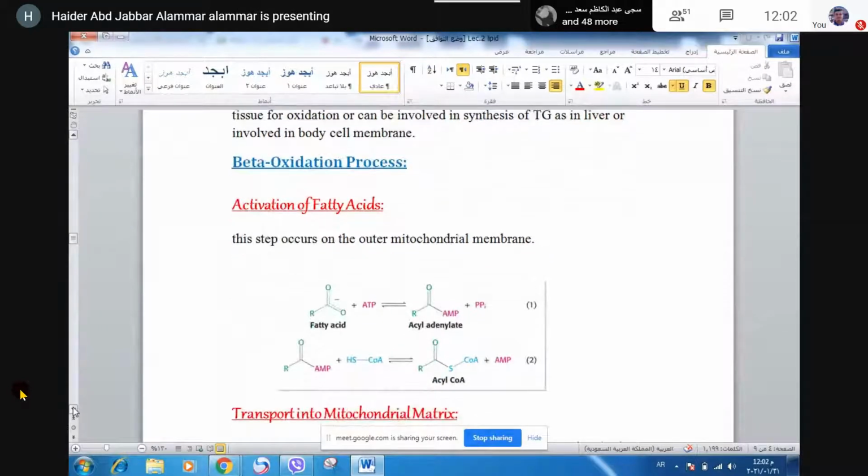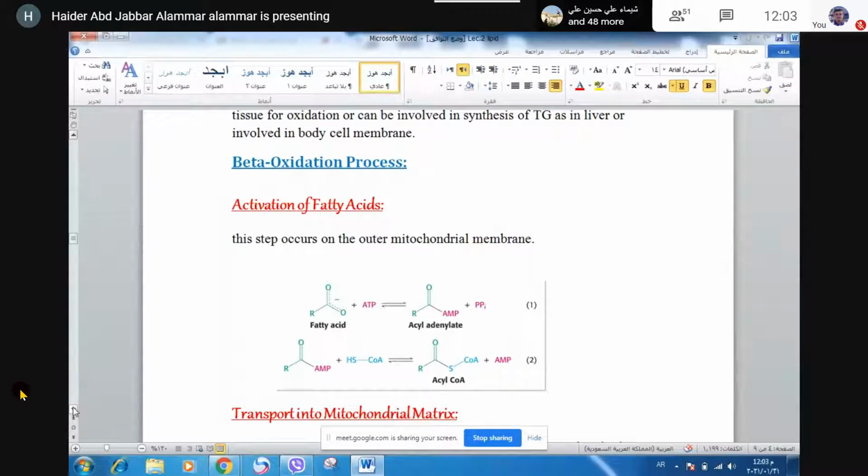The most important thing here is the beta oxidation process. Okay, lipolysis happened and the free fatty acid came out. As you know, the free fatty acid will be available in the cytoplasm of the cell.